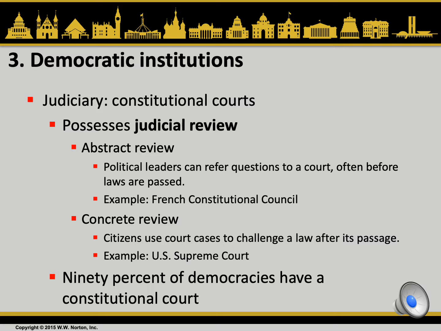At the federal or national level of democratic governance, you'll typically see a constitutional court. Some of them possess what we call judicial review. And what we mean by that is when legislation gets passed and enacted, it has to pass constitutional muster.